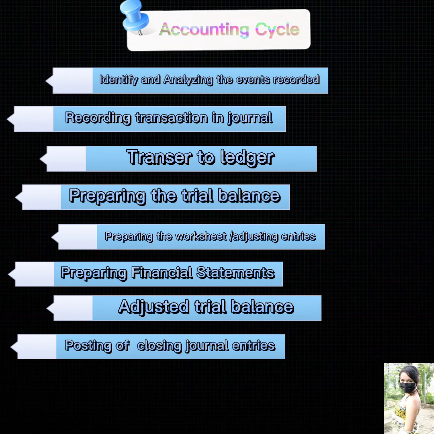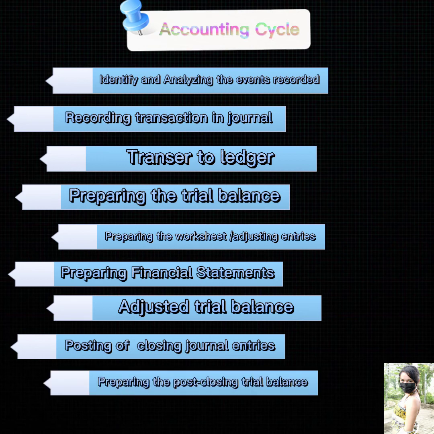The eighth step is posting of closing journal entries. All adjusting entries must be entered in the journal and posted to the ledger when the financial statements are completed. All temporary accounts must be closed and the net change must be noted in the owner's equity accounts.